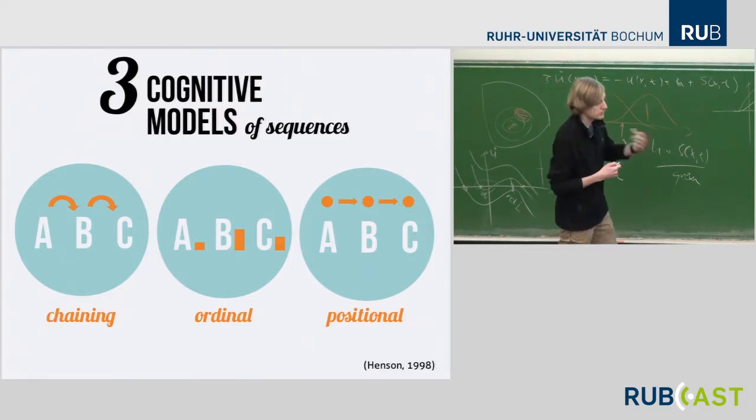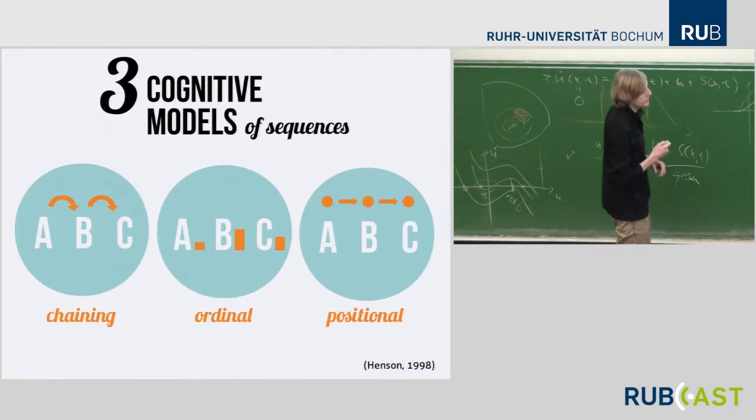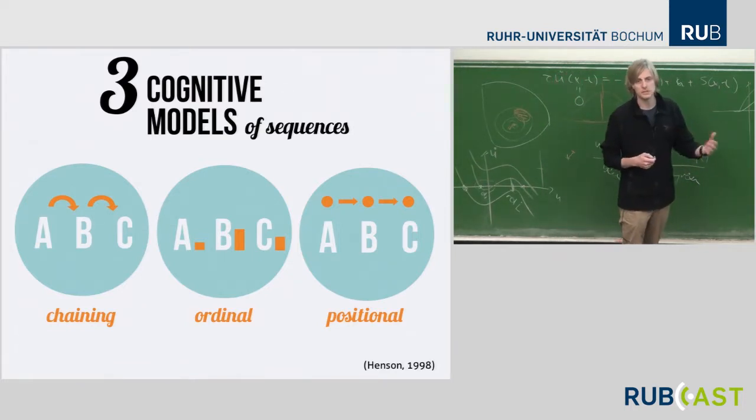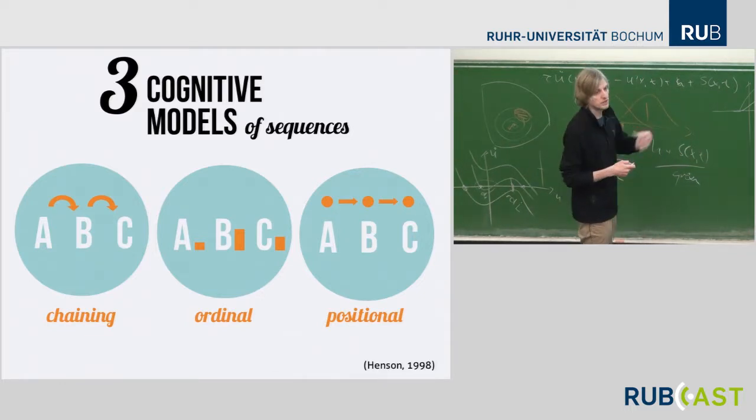If you wanted to do some other sequence, you would have to change these connections up here, right? This chaining. Then there's an ordinal approach where you have these behaviors, and each behavior has a value or a utility function. So this is some sort of scalar value.